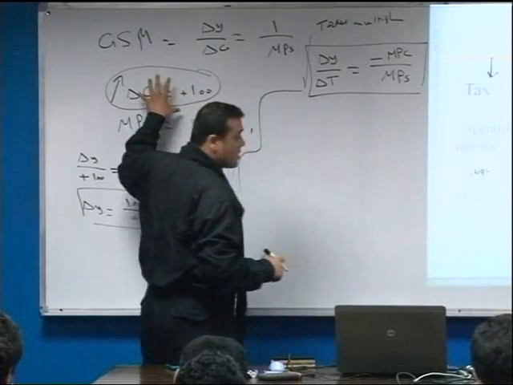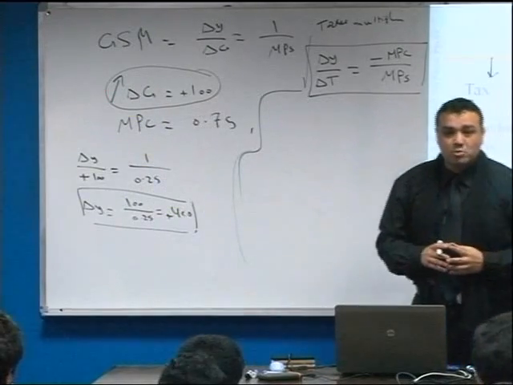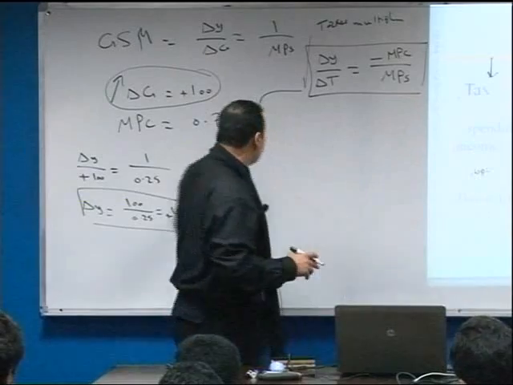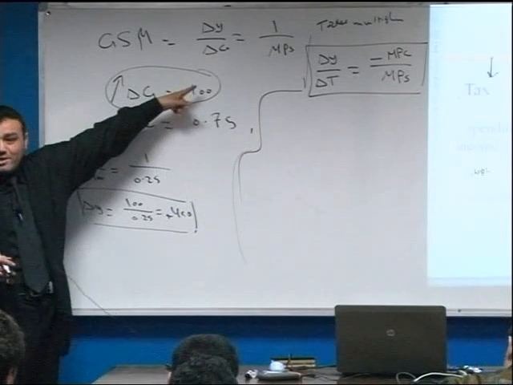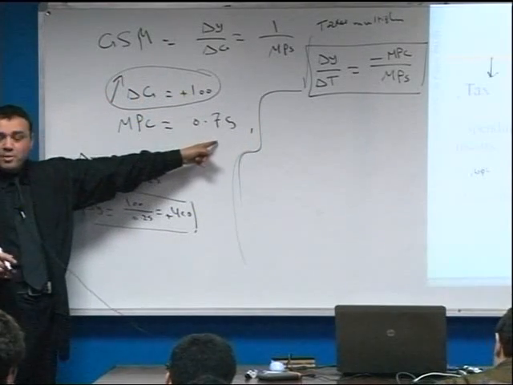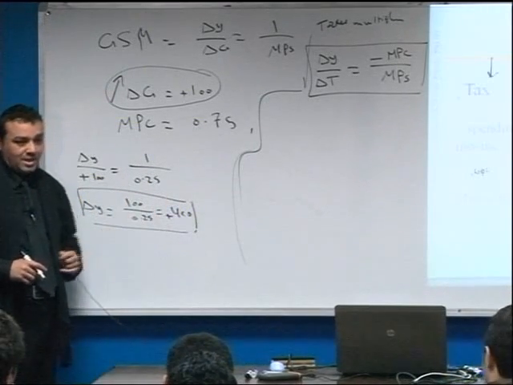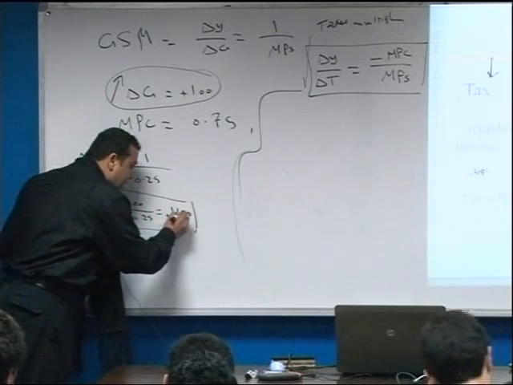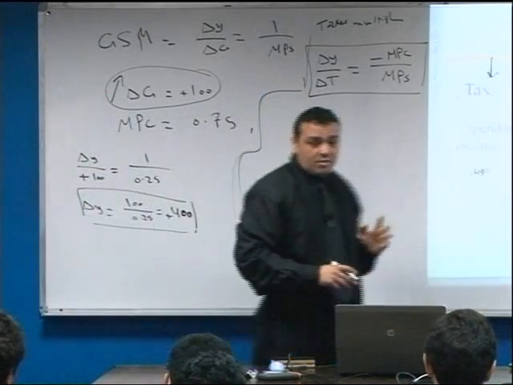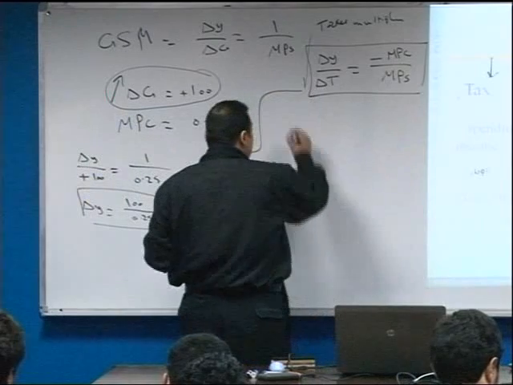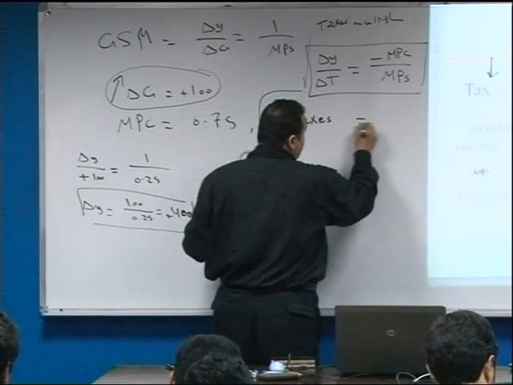So let's use the following information to calculate the change in the aggregate output when taxes decrease. In this example, we assume that the government spending increased by $100 million and MPC equals 0.75, right? The change in aggregate output is $400 million, so we have an increase in the aggregate income by $400 million. Suppose we have the same information and the government decided to decrease the tax collections by $100 million.